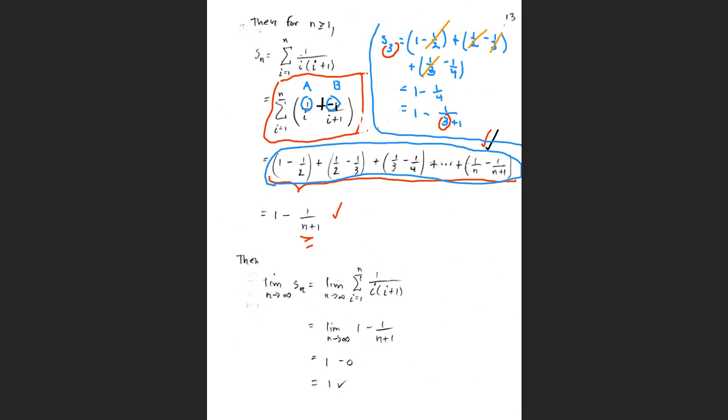If we were to do another one, S sub 4. S sub 4 is 1 minus a half plus a half minus a third plus a third minus a fourth plus a fourth minus a fifth.